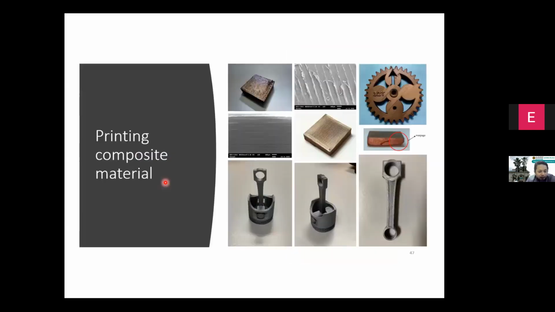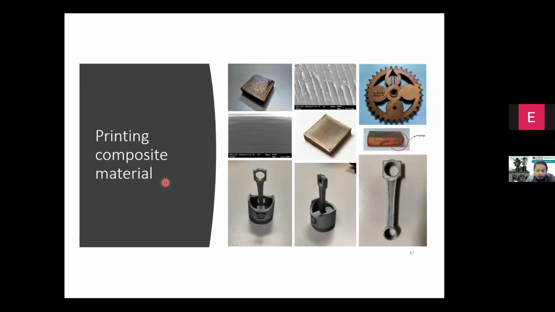I also did printing of composite material, on copper as well as aluminium. We did a lot of test analysis to find the best printing parameters. Currently we are working on trying to print totally in metal. Markforged has already done that using FDM.